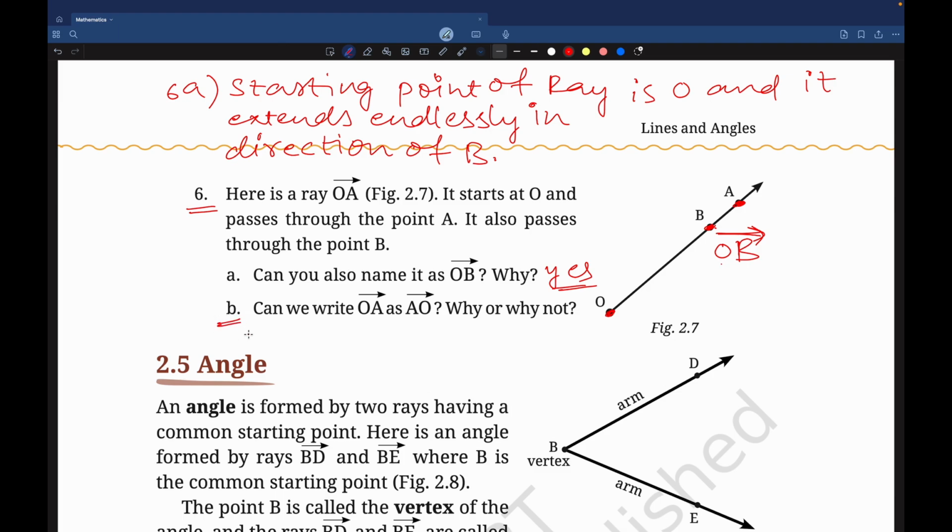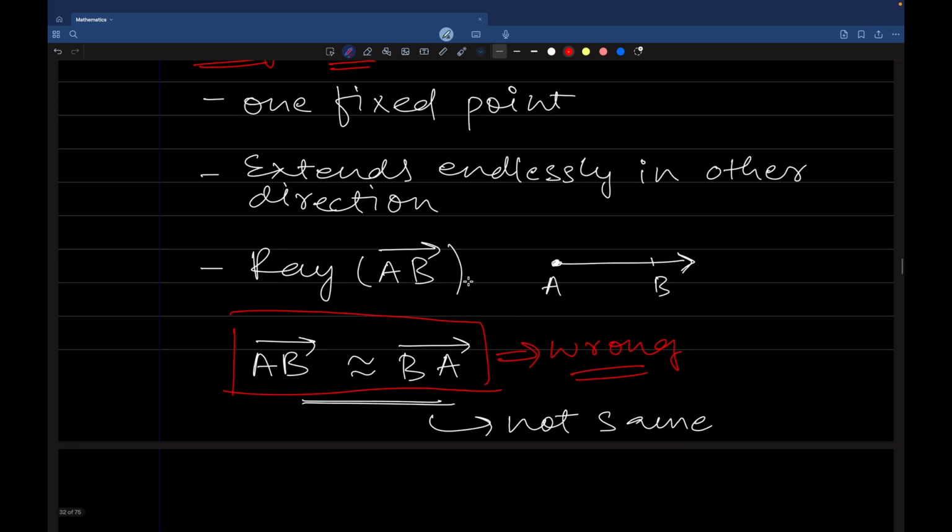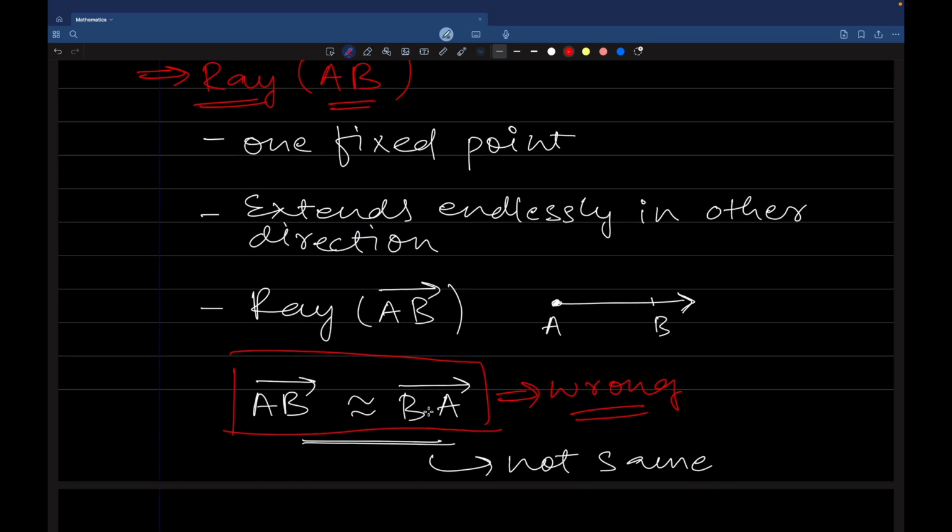Next, question 6b says, can we write OA as AO? Why or why not? We have discussed we cannot write OA as AO. Why? Because the starting point of OA is O, but the starting point of ray AO is not O. The starting point of ray AO is A. We cannot write ray AB as BA.